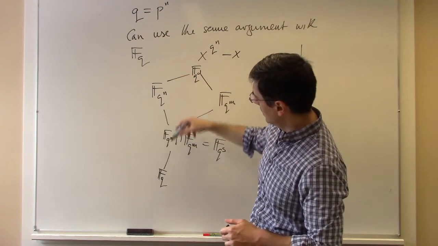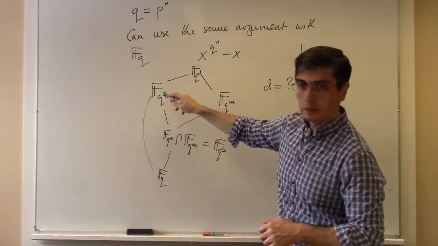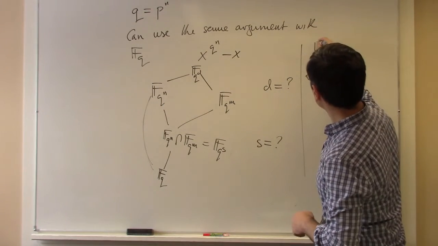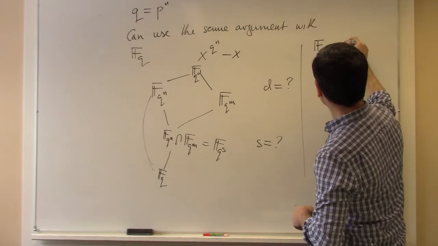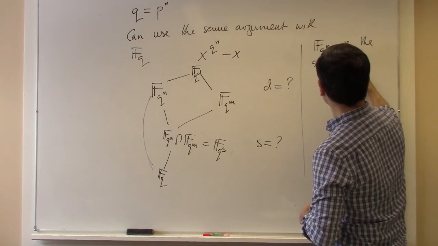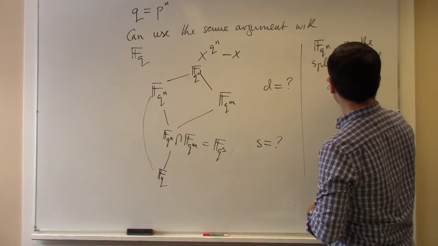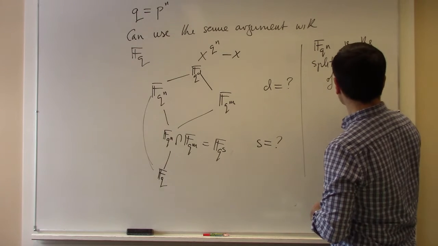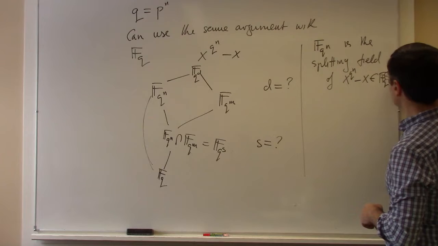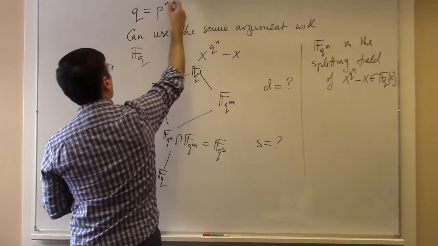from this construction, how did we obtain this field? We obtained this field as the splitting field of x^(q^n) minus x over F_q. This is not the same n, of course.